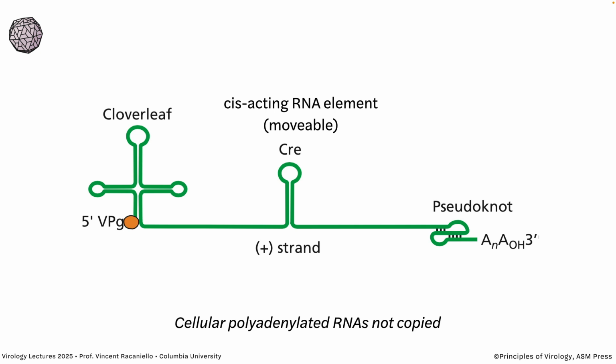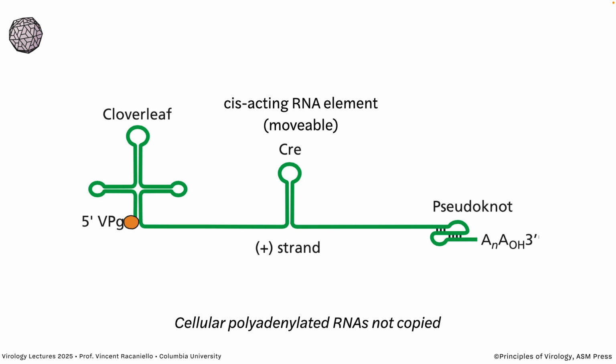The genome actually has extensive secondary structure. It has that clover leaf at the 5' end that I told you about. In the middle is what's called a cis-acting RNA element. This is where the primer, VPg, is made. I'll show you in a moment. That's actually movable. You can put it anywhere in the genome as long as you don't mess up the translation. And then at the 3' end, we have a pseudoknot.